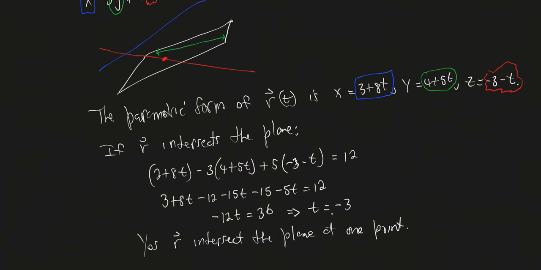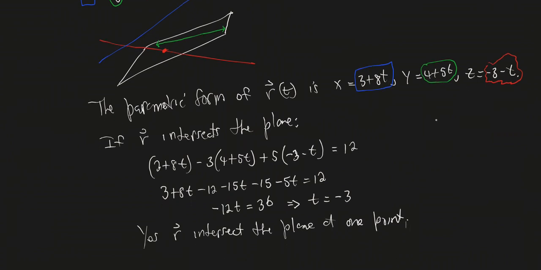Well, what is that point? Now that we know the value of t that forces the line to coincide with the plane, I can use that value of t back in my parametric equations to figure out what the x coordinate is, what the y coordinate is, what the z coordinate is.